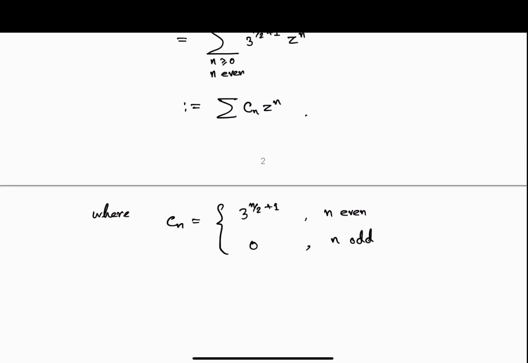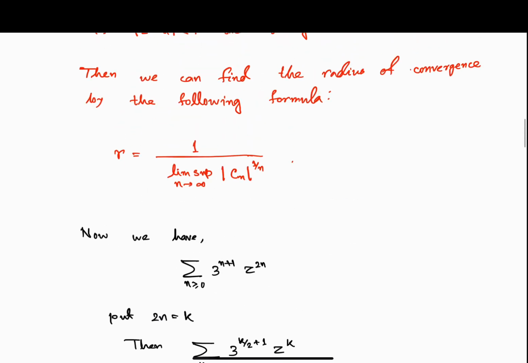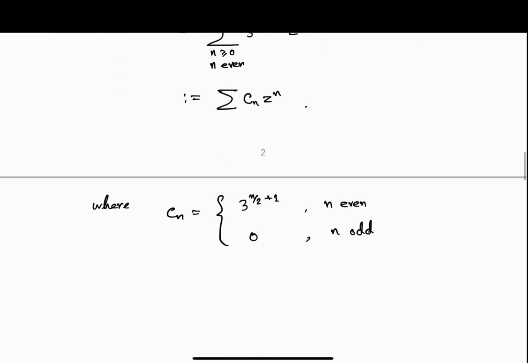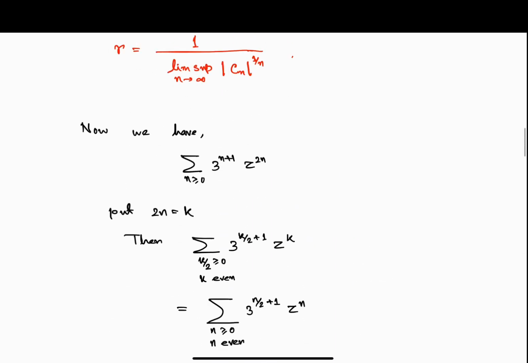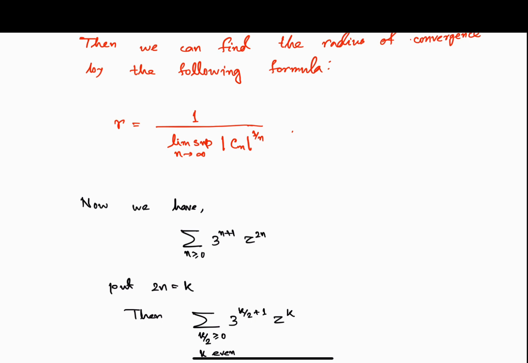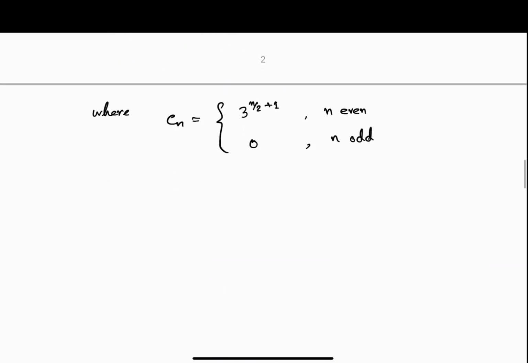So this is our sequence, and you have to find the lim sup of this sequence. Note that this sequence is not convergent; it has two convergent subsequences. In the formula it is lim sup, so you have to find the subsequential limit which is the maximum or supremum.